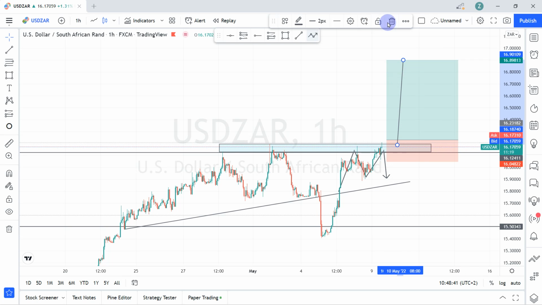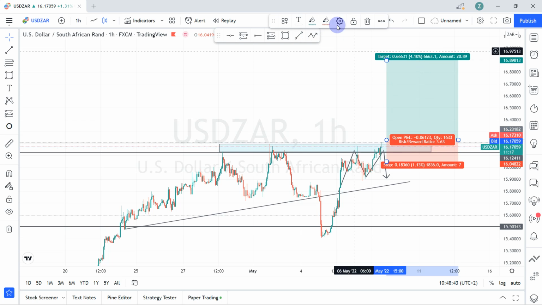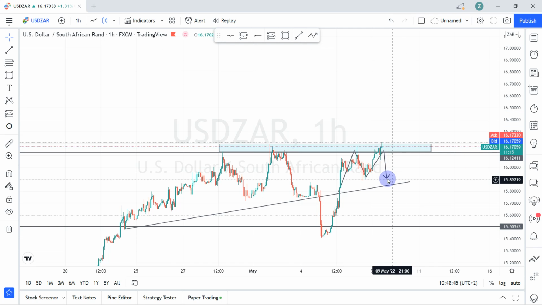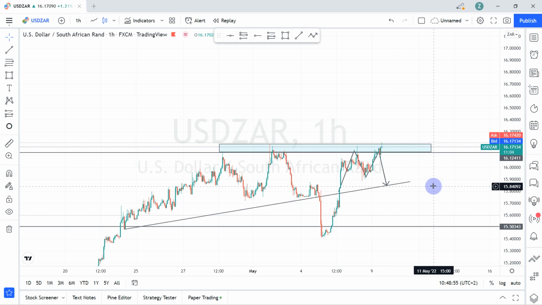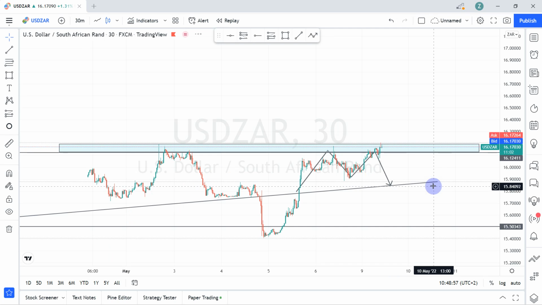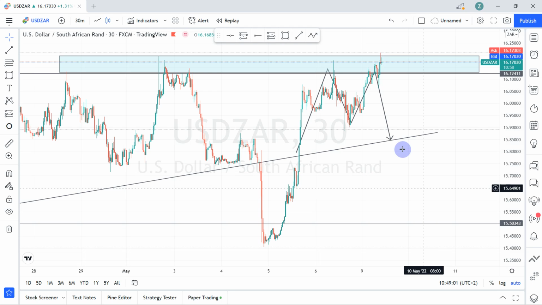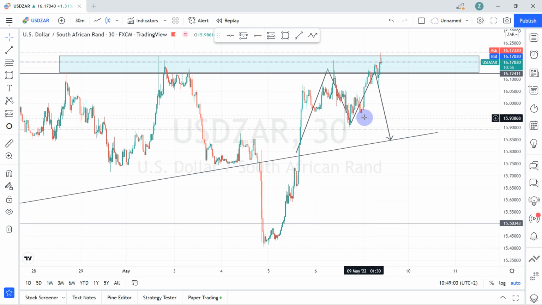So that's also a good risk to reward ratio, but let's not rush anything, and let's focus on the current moment. As you can see, there's not really much to see on this pair, the USDZAR pair.